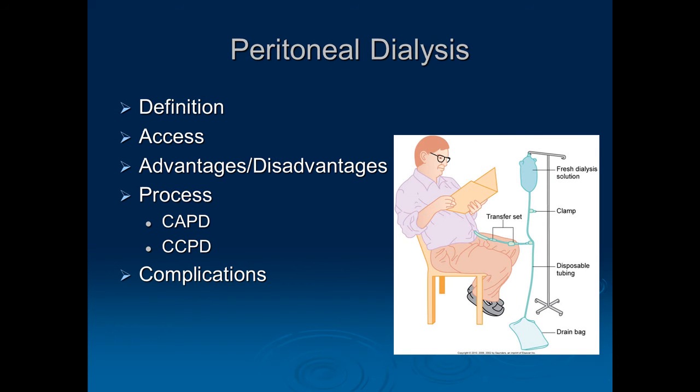So the first type of therapy we're going to talk about is peritoneal dialysis. Peritoneal dialysis uses the patient's own peritoneum as a semi-permeable dialyzing membrane. Fluid is instilled into the peritoneal cavity, and waste products are pulled into the fluid, and then the fluid is drained from the peritoneal cavity.